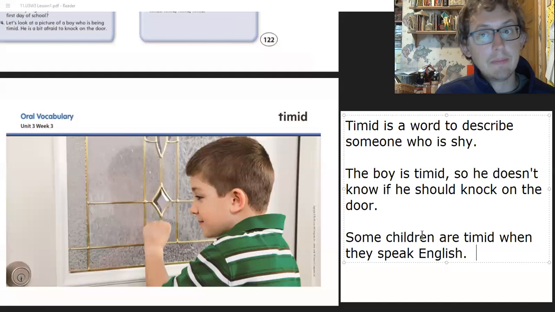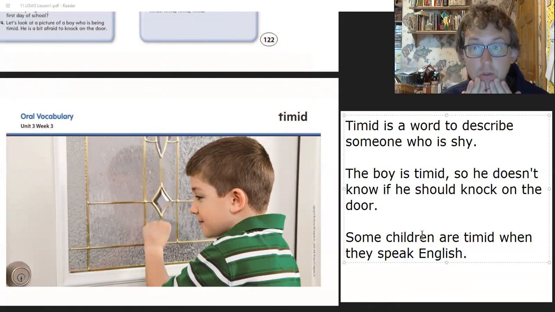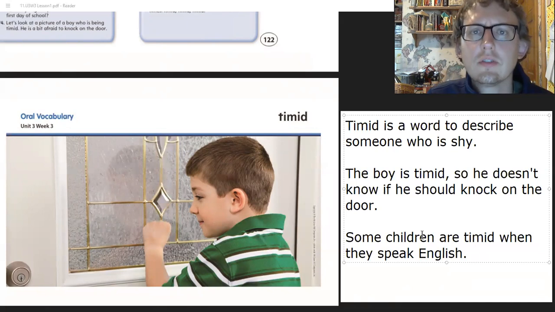But maybe if you met me in real life, in person, maybe you'd be shy, right? You'd be so shy or timid. But it's okay. You're just nervous. So just when you have opportunities to speak English to people, make sure you are not timid, okay? Don't be nervous. You are doing so good, and you're learning so much English. You can speak and talk and ask questions all in English, okay?